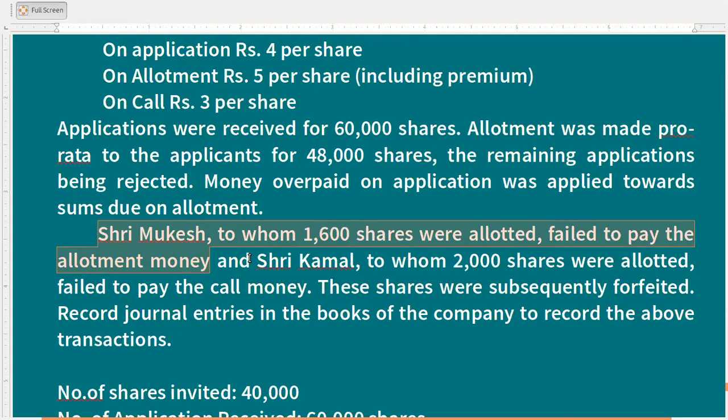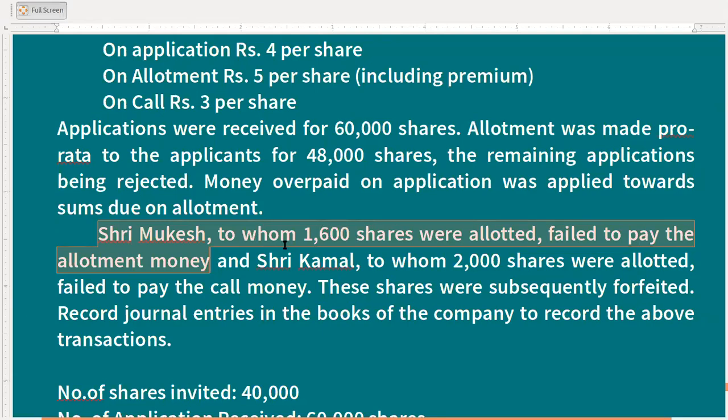Isn't it? So there is an adjustment. That means we are not receiving allotment money for 1,600 shares. All of you listen here. This problem is a little bit complicated, so your full attention is compulsory, otherwise you will be confused.